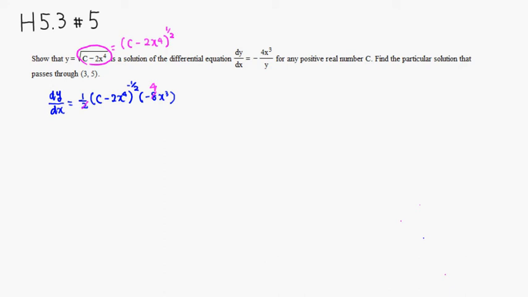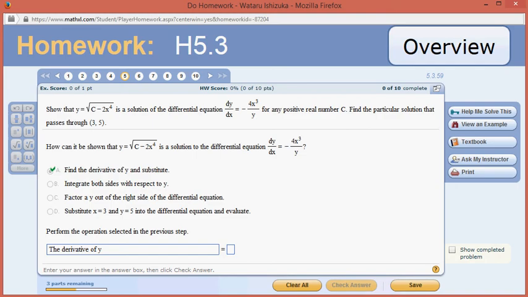And if you rewrite that, this is going to be equal to negative 4x cubed over, alright, since it's negative power, I'm going to put c minus 2x to the fourth on the bottom, and the 1/2 power is equivalent to square root. So we get that. Right, so let's type that in.